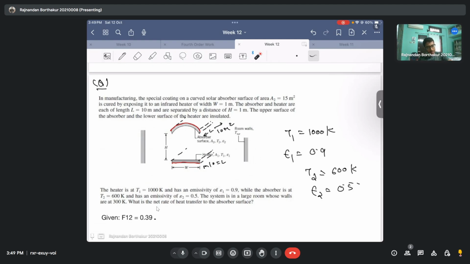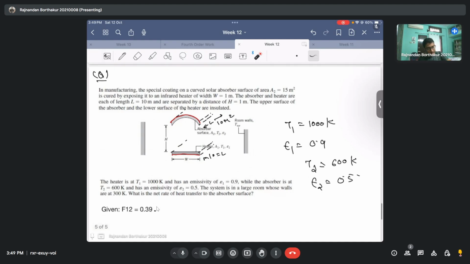It is said that heat transfer can only take place inside this absorber heater configuration and not outside, because the upper surface of the absorber and the lower surface of the heater are insulated, and this absorber heater system is kept in a room whose temperature is 300 Kelvin. Given this context, and given the fact that my F12, that is the fraction of energy leaving my heater that is striking the absorber, is 0.39, which is already given in your problem, you are asked basically to find out the net rate of heat transfer to the absorber surface.